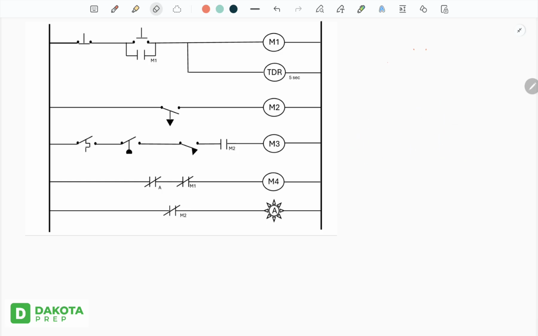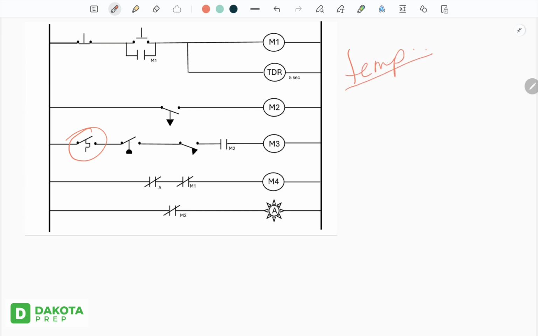Okay. One of the things you absolutely have to make sure that you are good with are the symbols. If you do not know what these symbols or types of switches are, you are absolutely going to run into problems. So right here, this little guy is temperature.